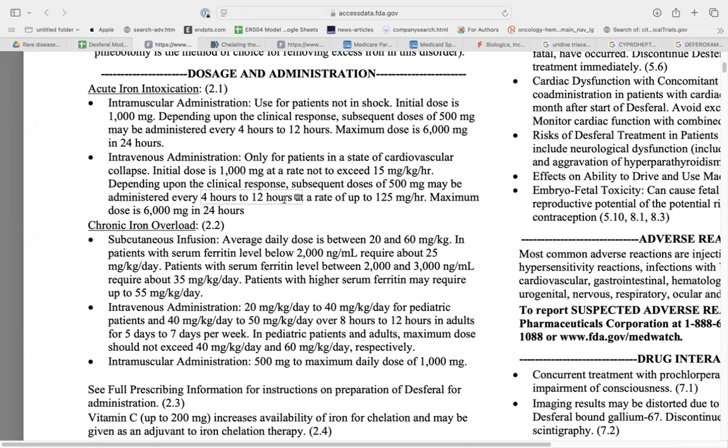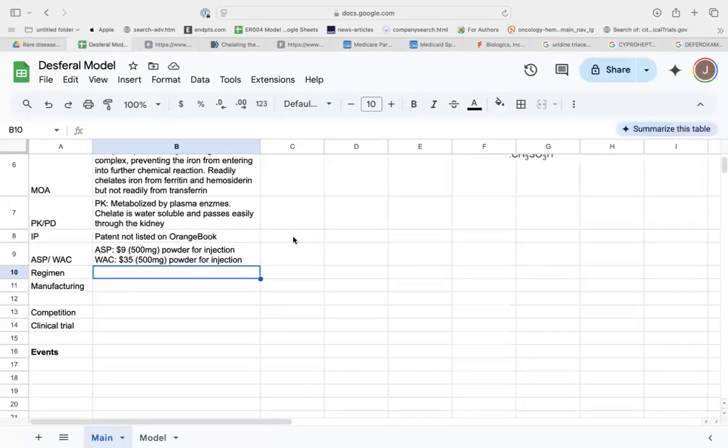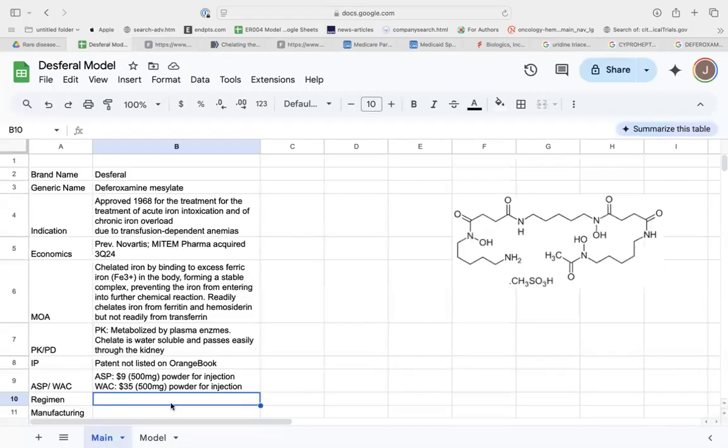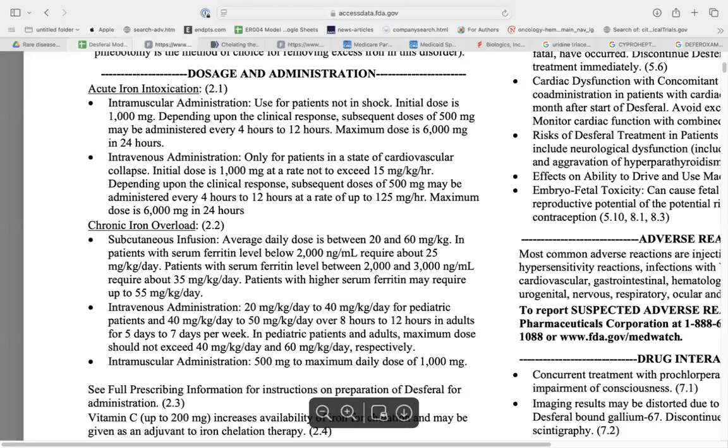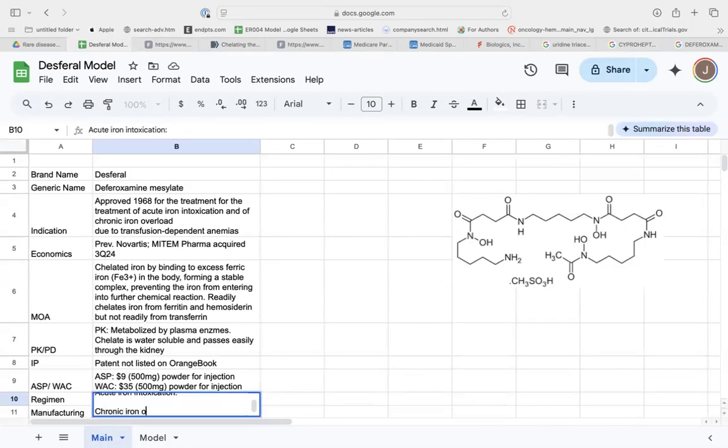Let's see though. Okay, so 2 indications. The first one is acute iron intoxication. Oh my God, I can't type today. Intoxication. Second one is chronic iron overload.